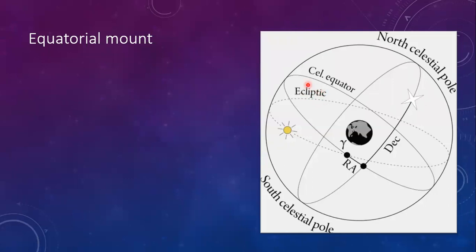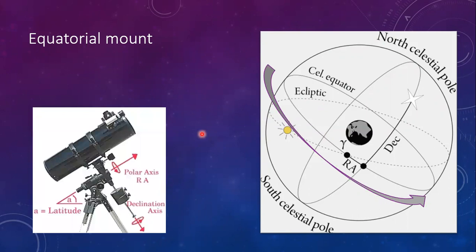The rotation of the Earth is on the RA axis, and the stars appear to move on this axis. So an equatorial mount is designed to track the rotation of the stars on this axis. Once properly aligned, this type of mount can keep the star or any object in focus for a very long time, allowing us to take longer exposure photographs.